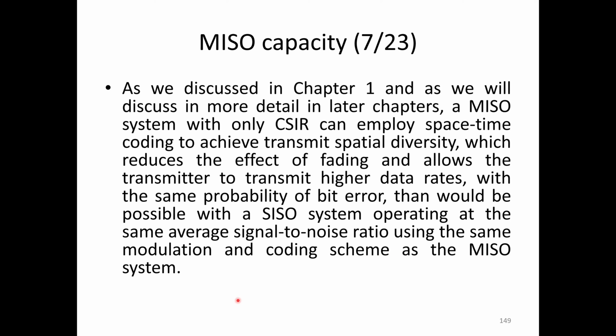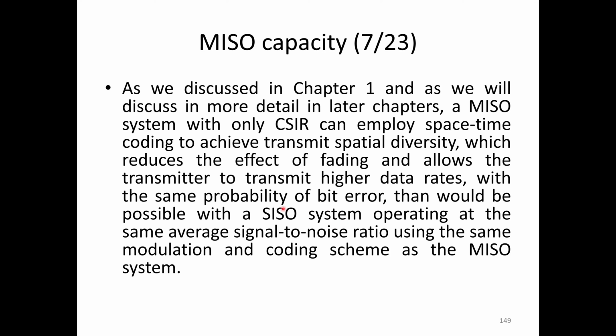You should keep an important concept in mind. When you want to compare the performance of two different communication systems, for example, here we want to compare a MISO system with CSIR only and a SISO system, you need to make every condition the same.